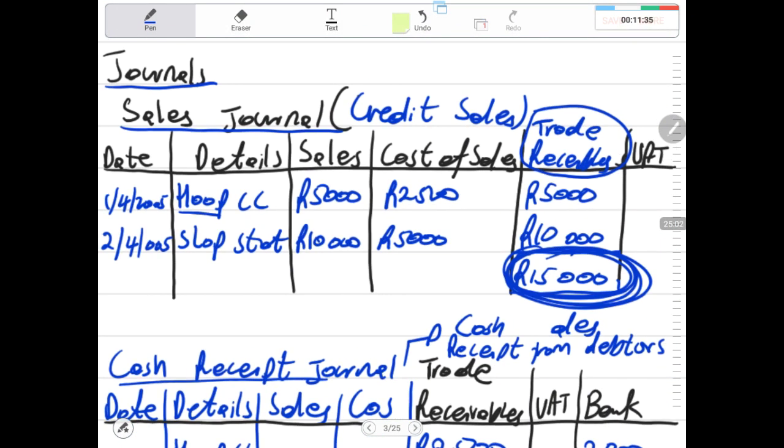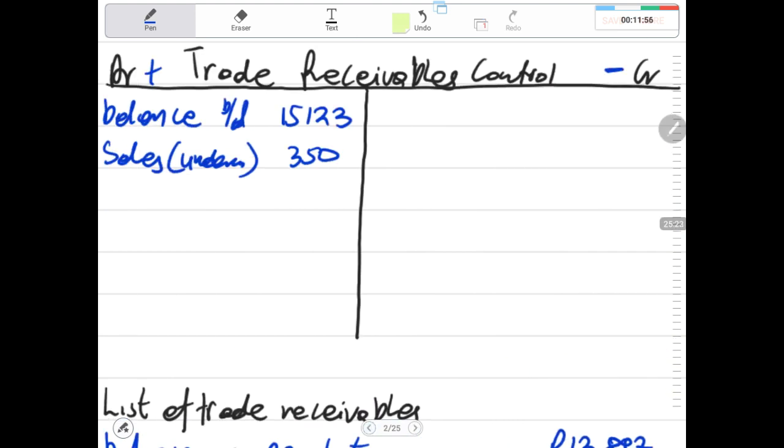And please be mindful of the fact that we are not doing the sales journal, but we need to know where did this error happen? Where was it supposed to be recorded? This error was coming from this column, the trade receivables column, and they are saying the total. Where does the total of the trade receivables column supposed to go? It is supposed to go to the debit side.